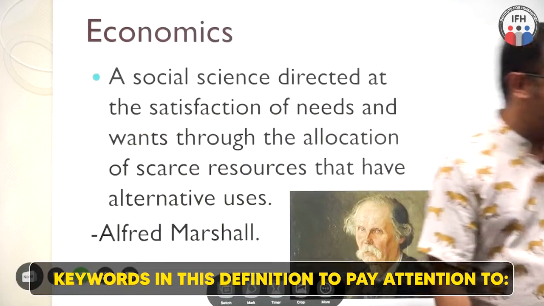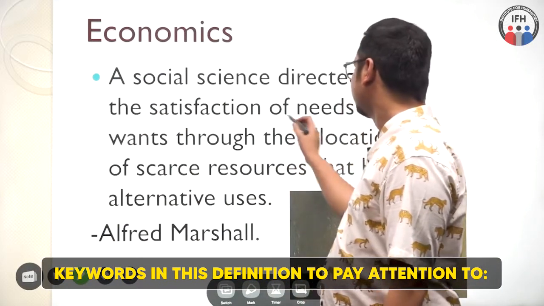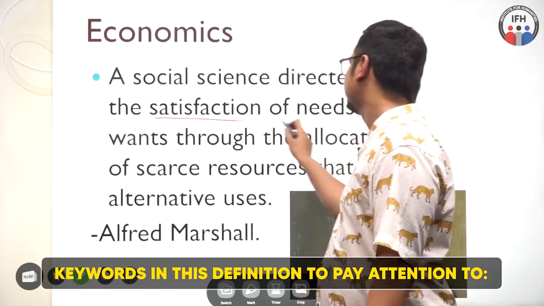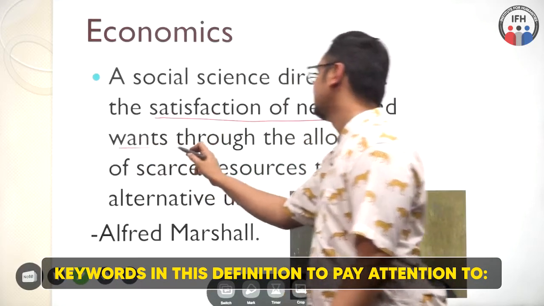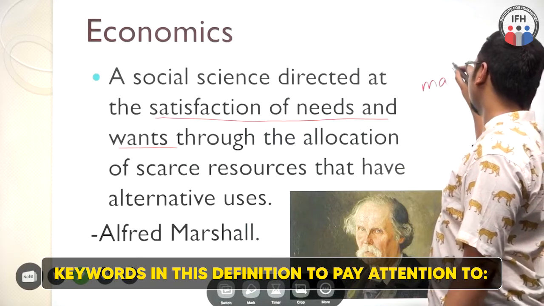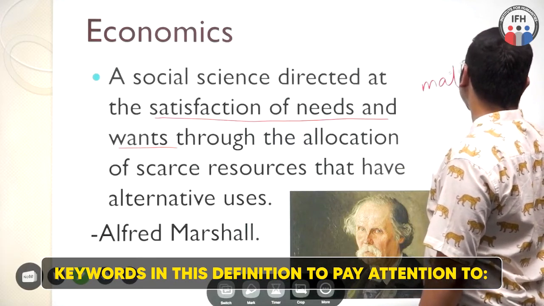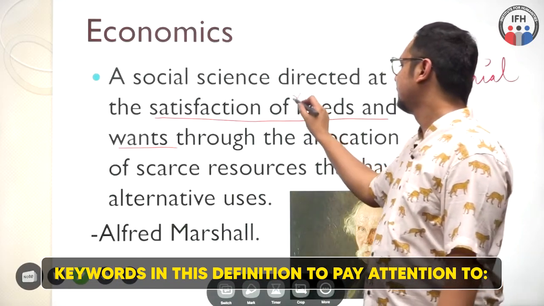So what is very important here is that we pick up the key words, right? So the satisfaction of needs and wants. Over here you can possibly understand it as material needs and wants, right?